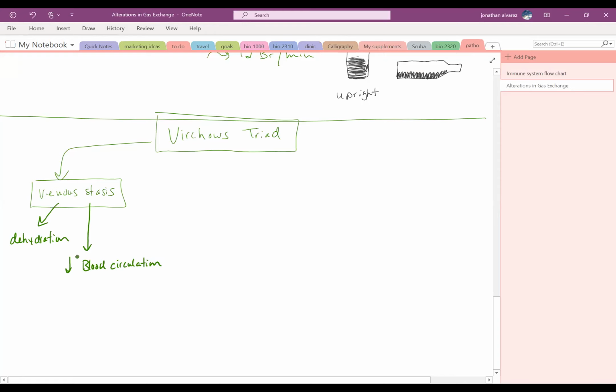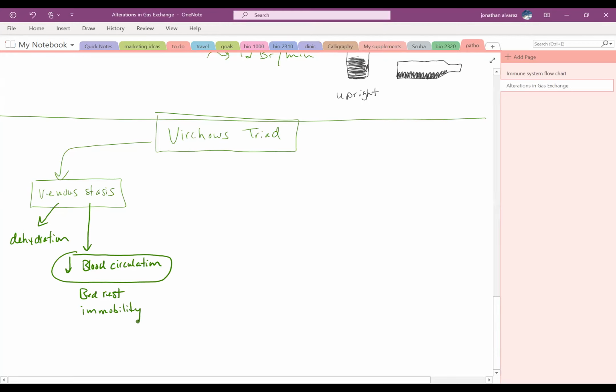People that are at risk for this, and future hospital workers will see this quite a bit, will be like bed rest. Right? Immobility or bed rest, people that are just in the hospital bed, or hospice care, or maybe an assisted living place.